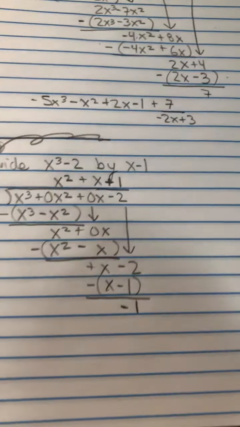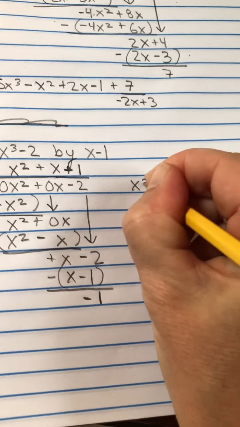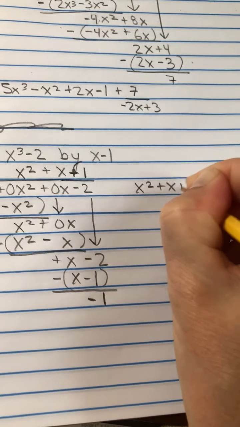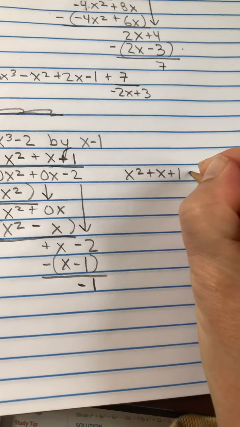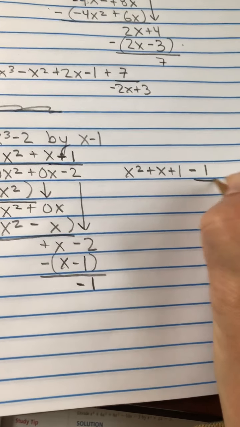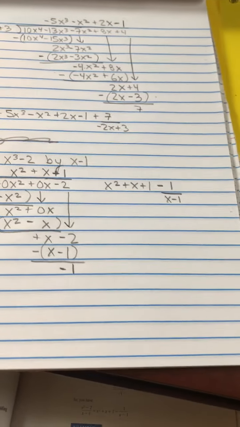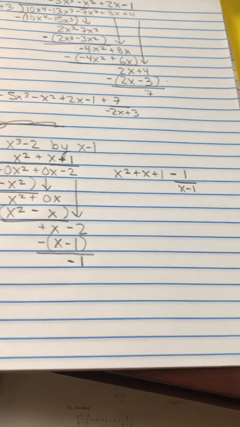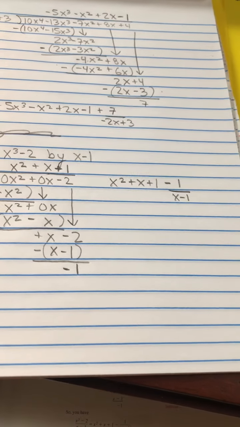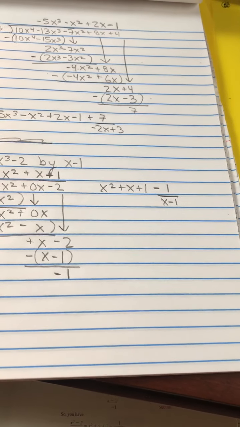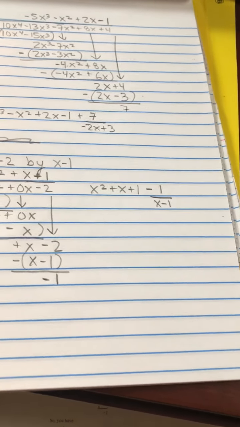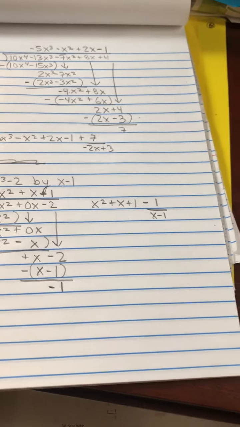Okay, so your answer here would be x squared plus x plus 1. You can say minus 1 over x minus 1. Okay, which one was that? All right, and we're good. Okay, 6 minutes. Let's do one more, and I might save synthetic divisions for the next clip.